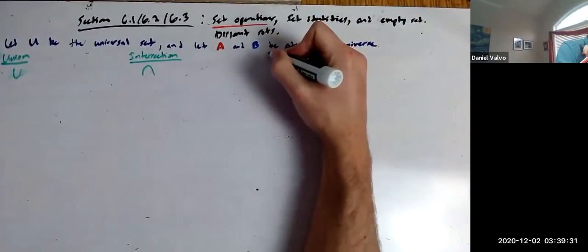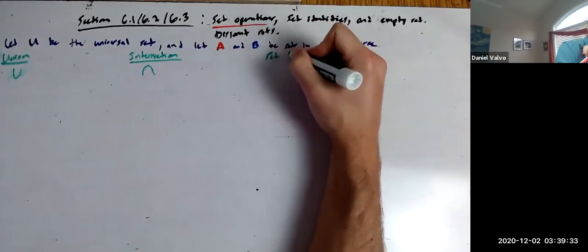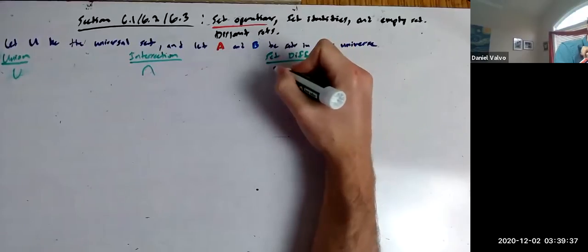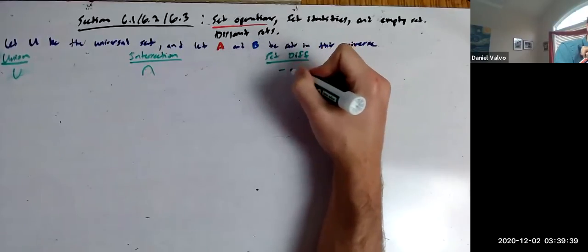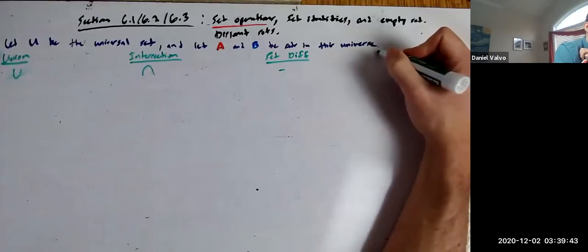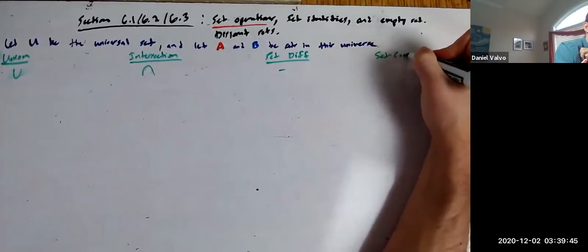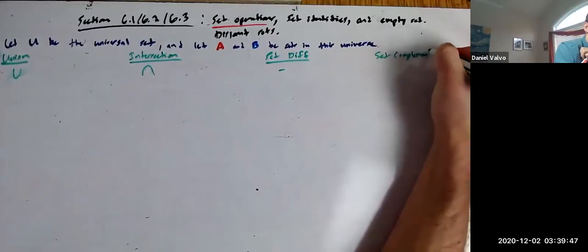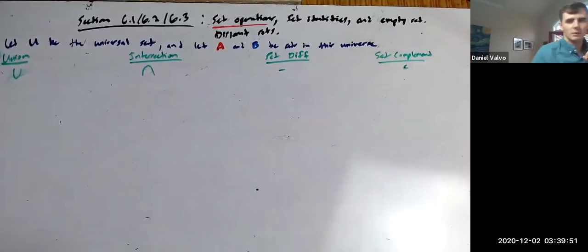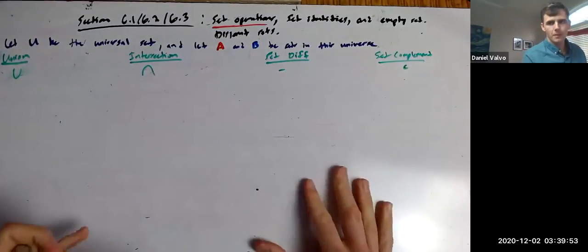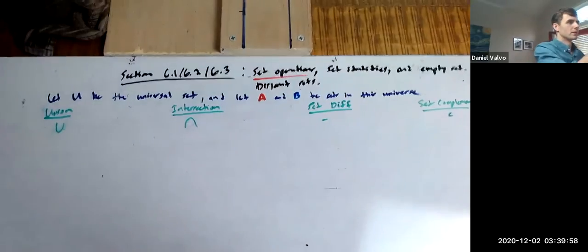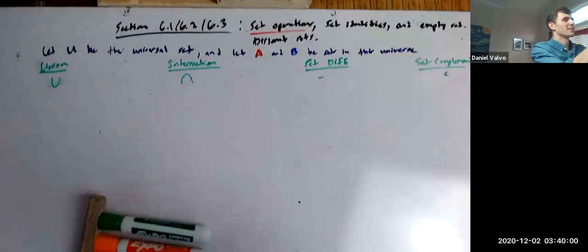We have the set difference, where we could use the minus sign or the backslash sign. And then we have the set complement, which uses a little superscript C.